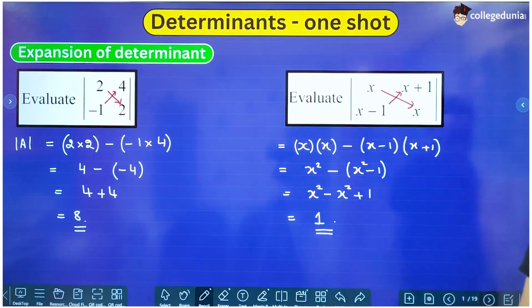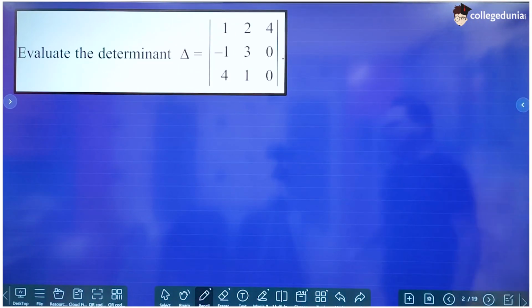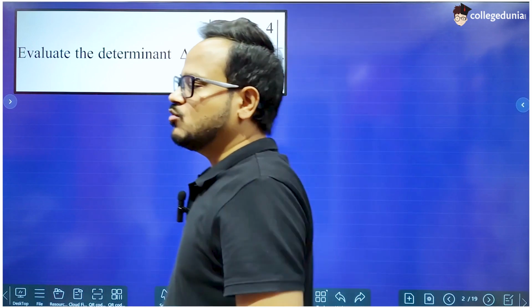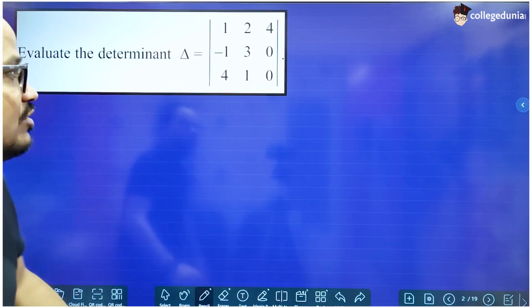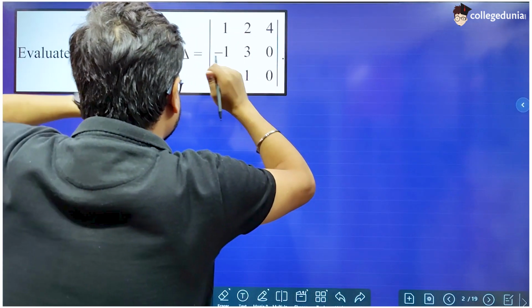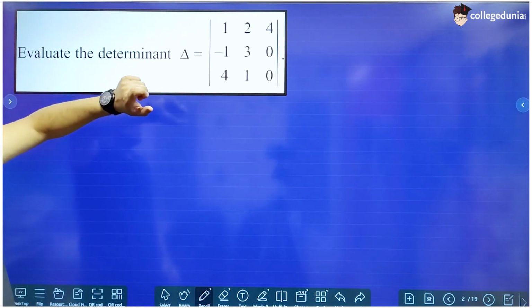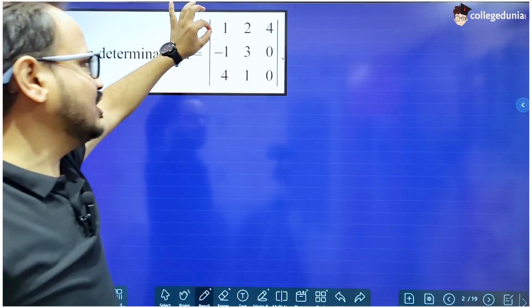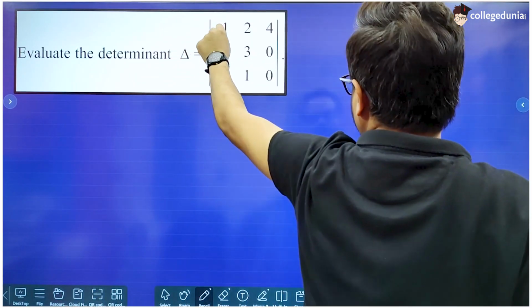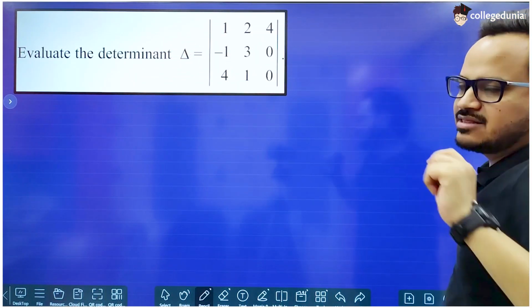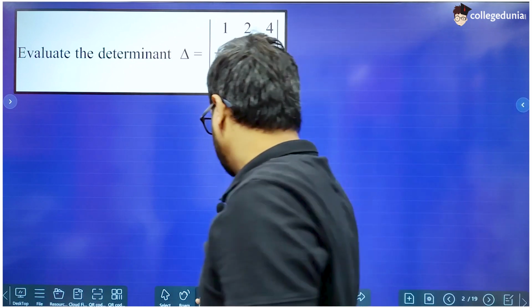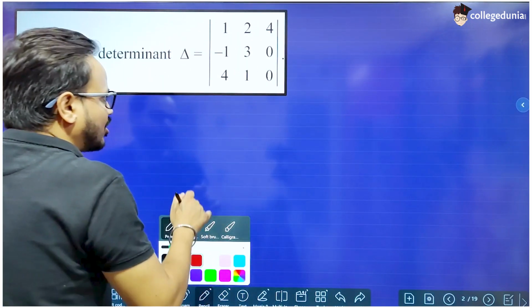Now let's learn how we can evaluate the determinant value of a 3 by 3 matrix. So we have to evaluate this one. From the knowledge of the topic matrices, we all know that every value in the matrix has an index, which is the row number and the column number of the element.